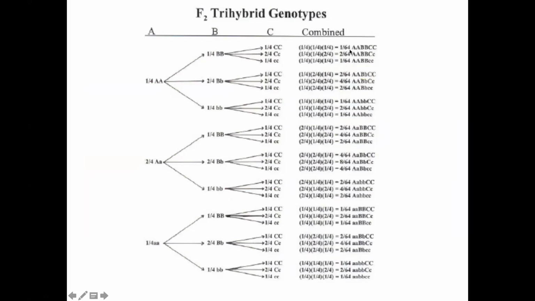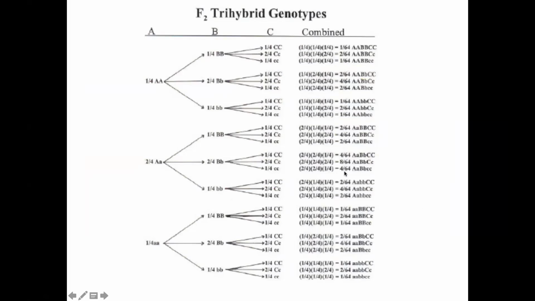These are the genotypes, 27 different genotypes in that F2 population in a very specific predictable ratio. 1:1, 2:4:2, 1:1, 2:4:2, 4:8:4, and so on.